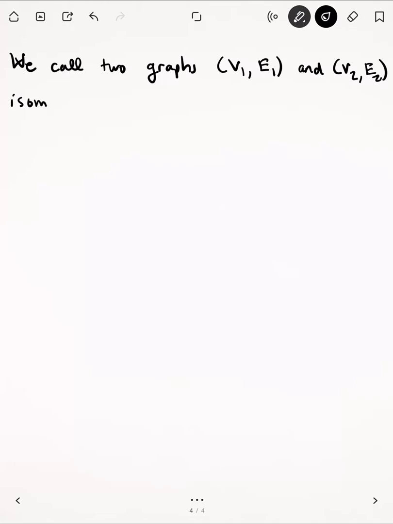So now, with that in mind, we call two graphs, V1, E1 is going to represent the first graph, and V2, E2, right? We call them isomorphic, okay?